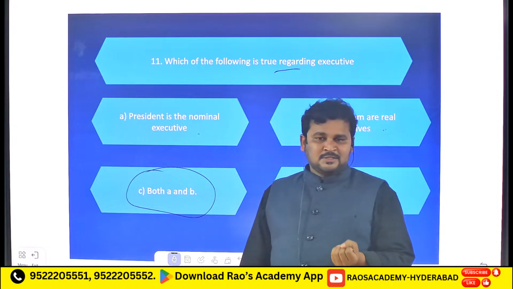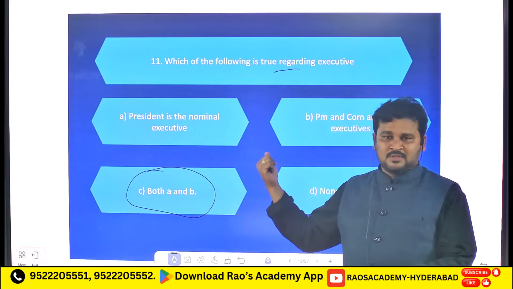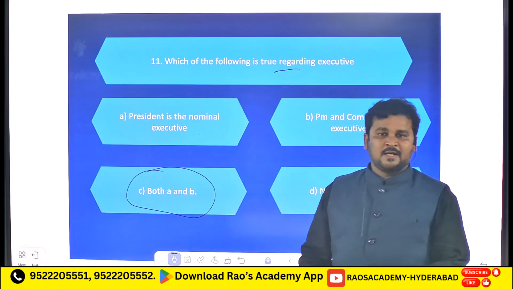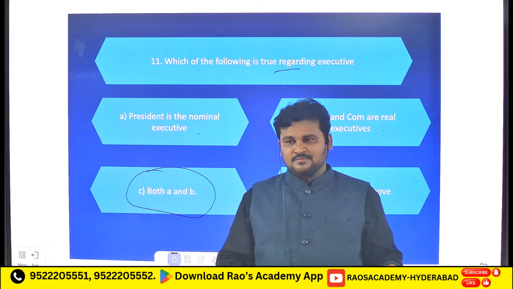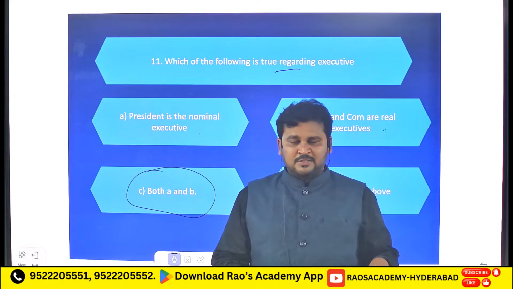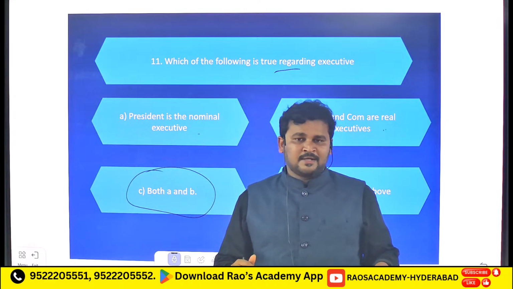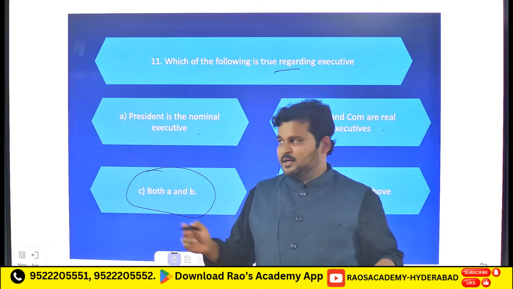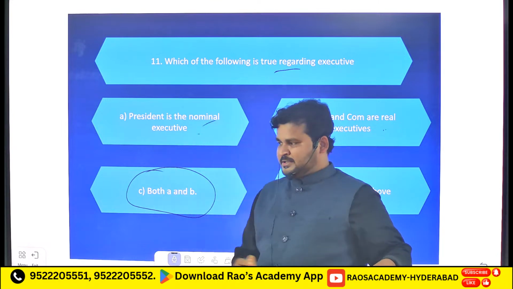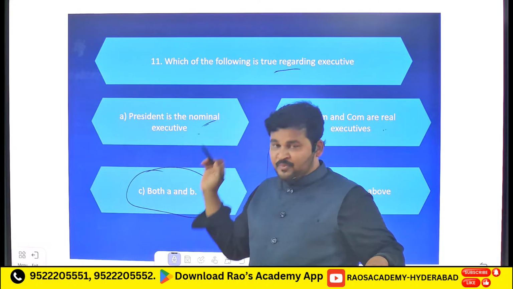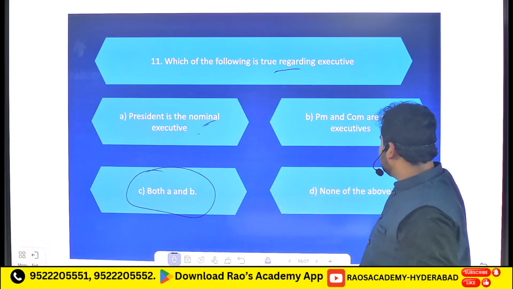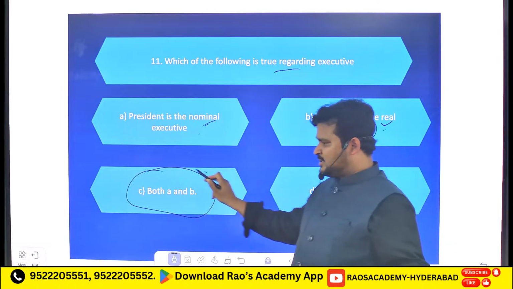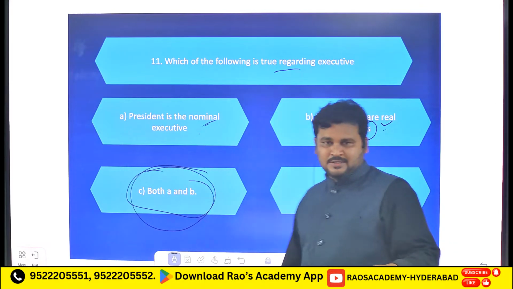So real decision making power lies with real executives like the Prime Minister of India and his ministers. The President of India doesn't have direct decision making power, so that's why we call the President the nominal executive, whereas the Prime Minister and Council of Ministers are real executives. So finally we can say that C is the answer for this question.